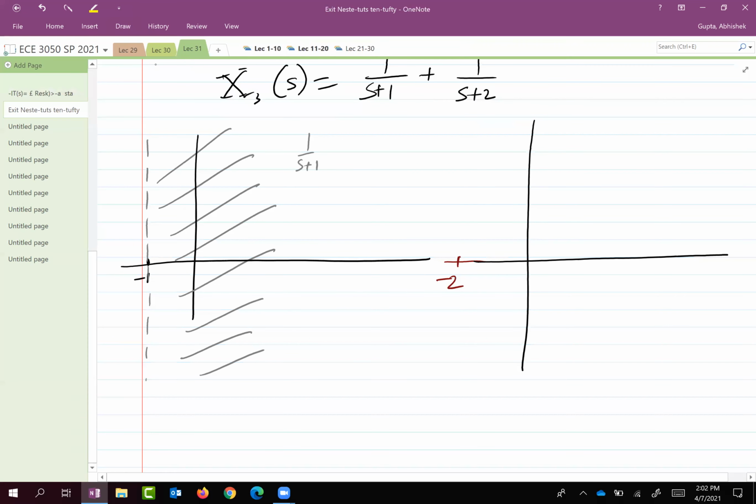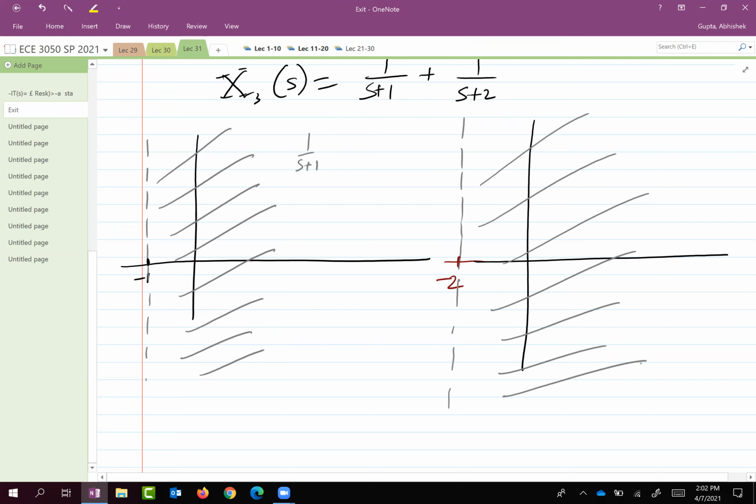And -2. This is my region of convergence for 1 over s plus 2. So what would the region of convergence for this sum be?